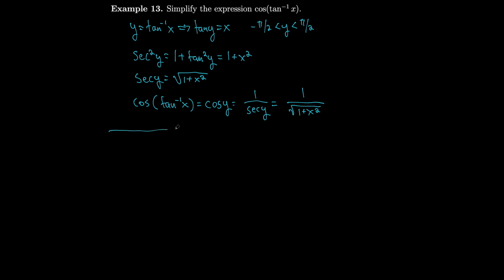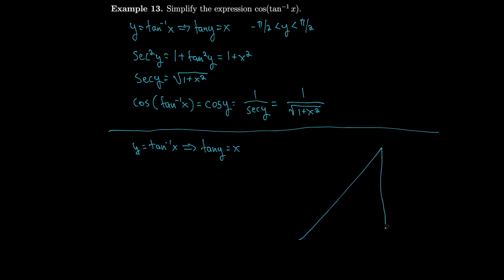Alternatively, we can do it similarly to the way we did before and just draw a triangle. Again, let y equal tan inverse of x. Instead of theta, we can just keep using y. Doesn't really matter. We get, again, that tangent of y is equal to x. So let's see what this triangle looks like.